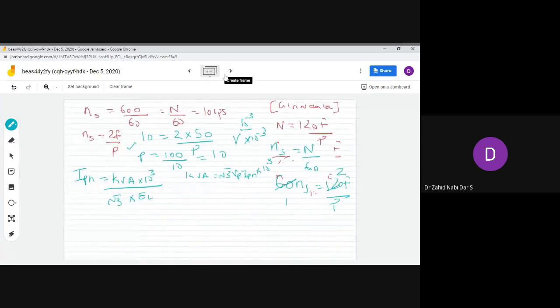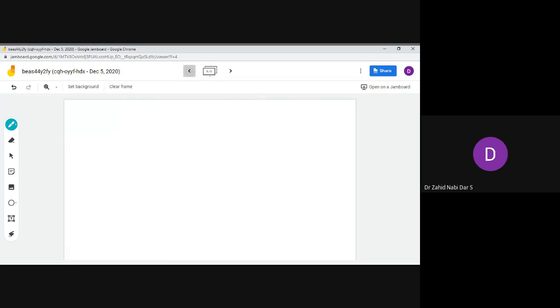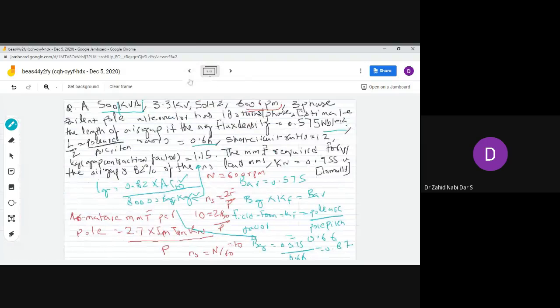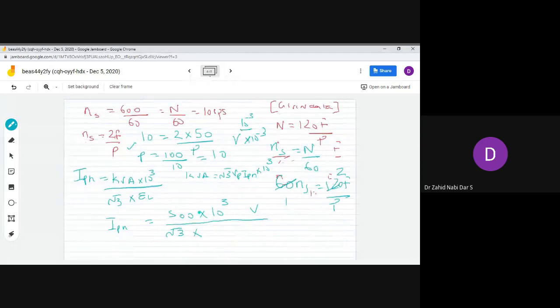So I phase would be equal to 500 into 10 power 3 over root 3 into 3300, since 3.3 kV is 3.3 into 10 power 3.